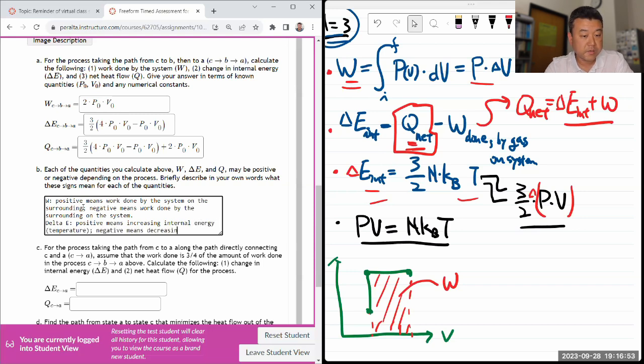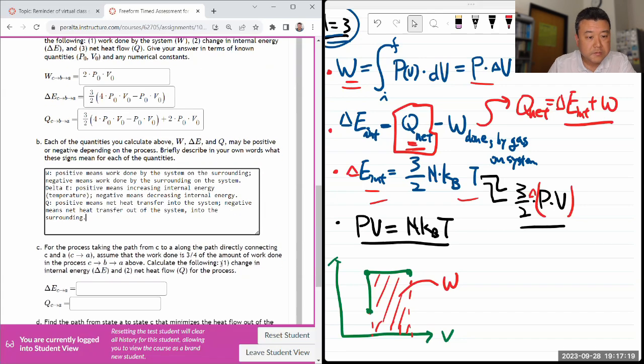Negative means decreasing internal energy. Q, net heat transfer: positive means net heat transfer into the system. Negative means net heat transfer out of the system into the surroundings. I think that's all it's looking for. So, those are the answers.